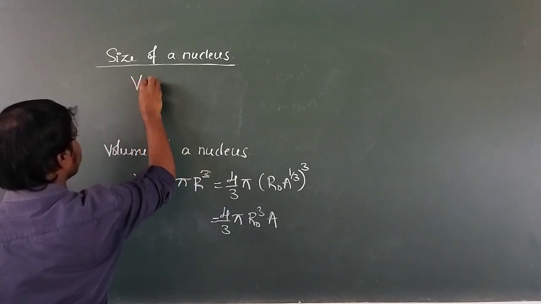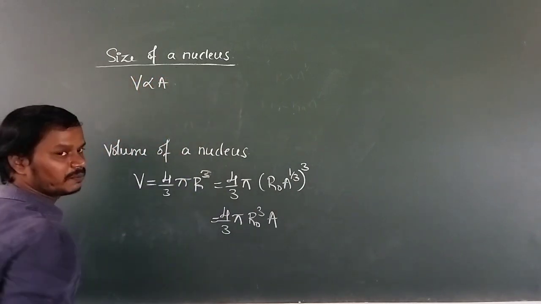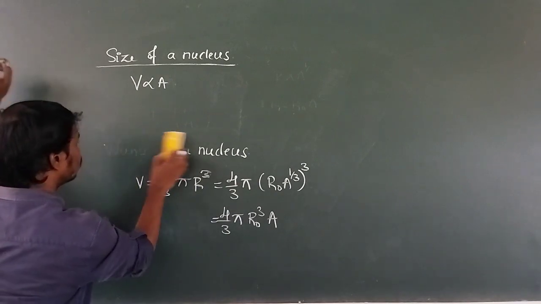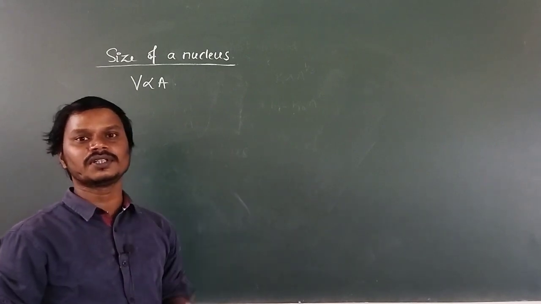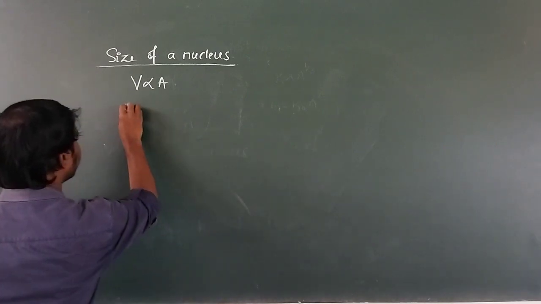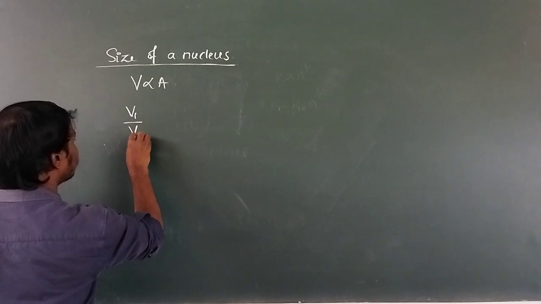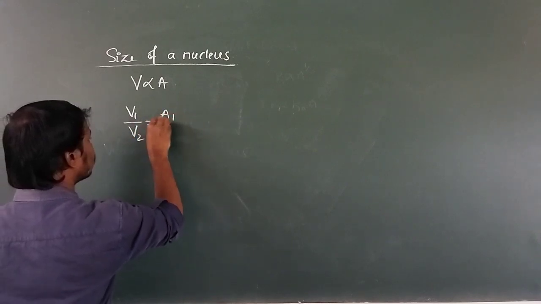Then in order to find the ratio of volumes of two nuclei, we are going to use the formula V1 by V2 is equal to A1 by A2.